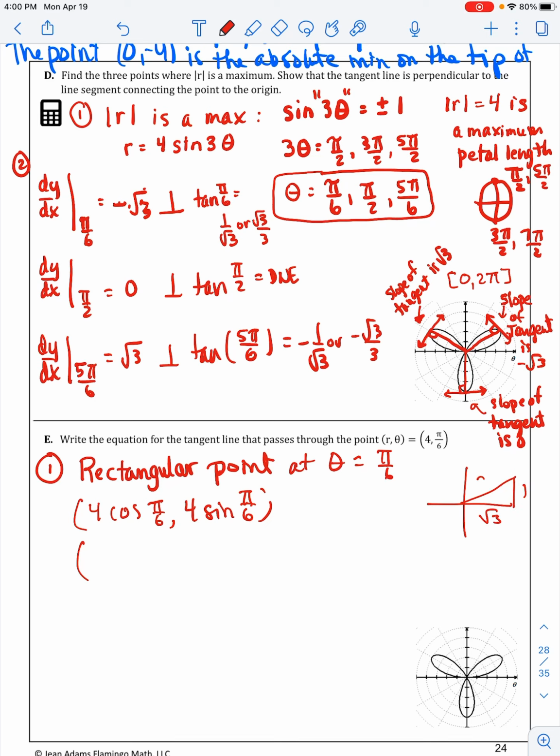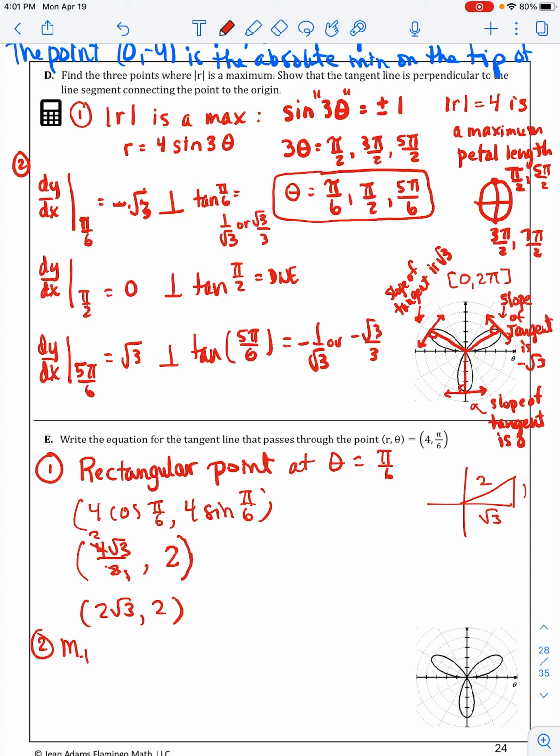My cosine at pi over 6 is square root of 3 over 2, and my sine of pi over 6 is 1/2. So that gives me 4 root 3 over 2 comma 2. Actually, I reduced 4 times 1/2 to 2, but look, divide by 2 I get 1, divide by 2 I get 2. So this becomes 2 root 3, 2.